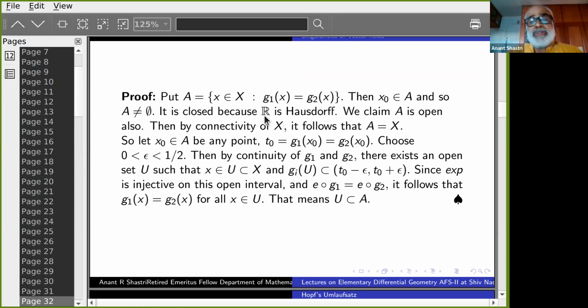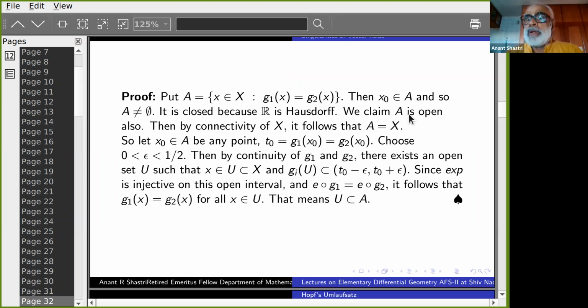This is a very important property of real valued functions. If two real valued continuous functions agree at some points, that set of points must be a closed subset already. So all that we want to show is that this set A is open also.